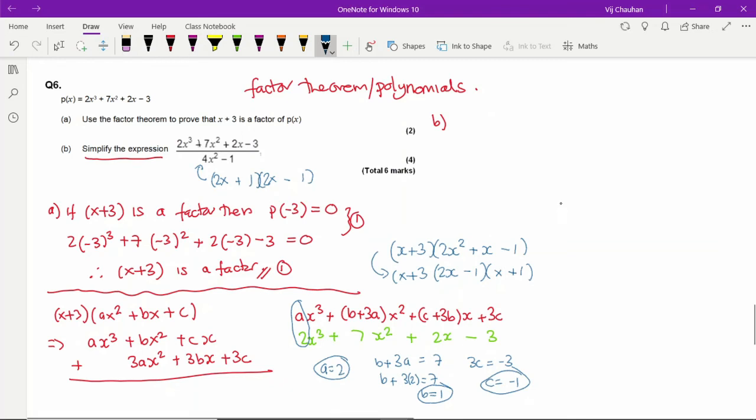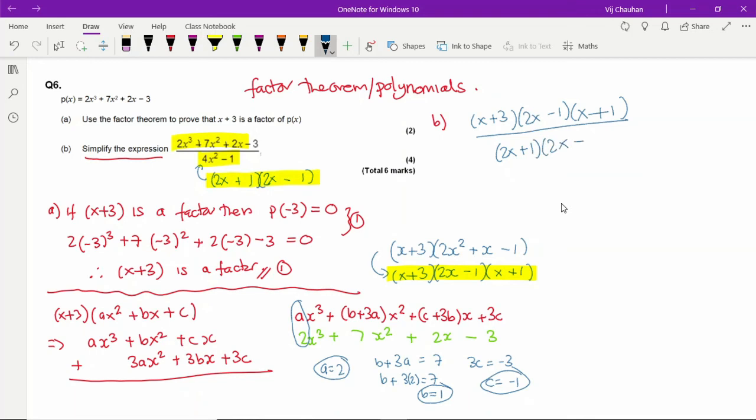So from this, now if I just highlight what I'm going to be using, so factorising our algebraic fraction, I'm going to have this as my new numerator and this as my denominator. So then what I've got is x plus 3, x plus 3, 2x minus 1, x plus 1, all over 2x plus 1, 2x minus 1.